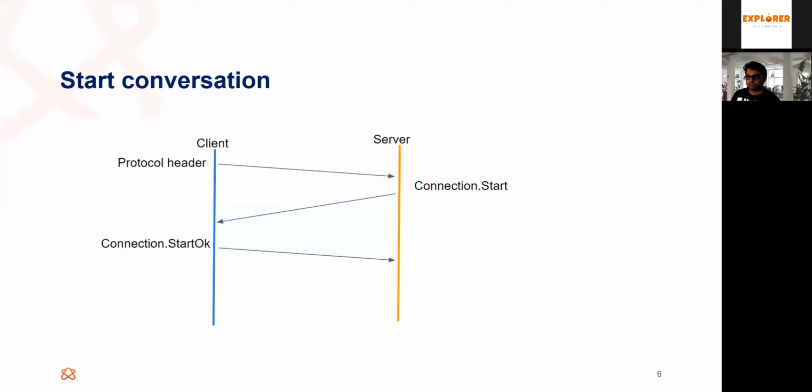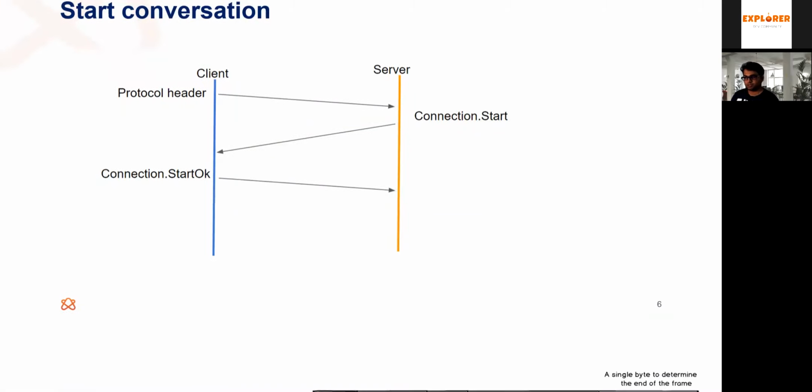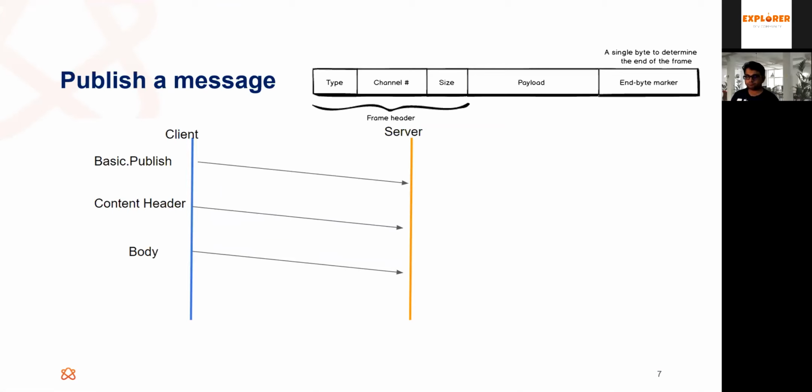I will show you another one, how it happens when we publish a message. When we publish, the client has to send basic publish. This is a command of the Advanced Message Queuing Protocol. We have to send this command, and after that we have to send this frame, and this frame.